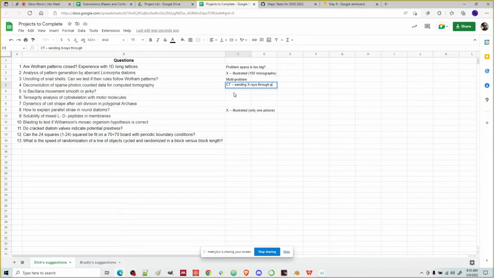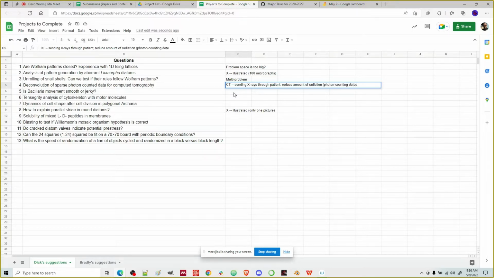So we're trying to reduce the amount of x-rays and still get good quality images. A number of people are now switching to photon counting detectors, which means that they actually count the number of X-ray photons that come out on the other side of the patient.